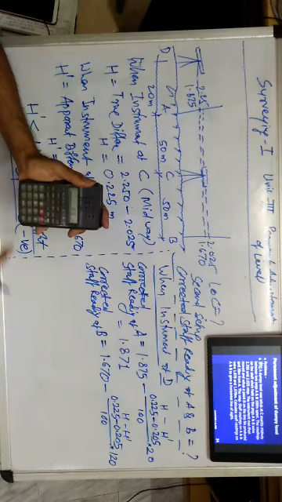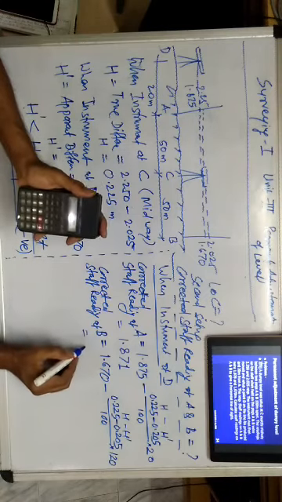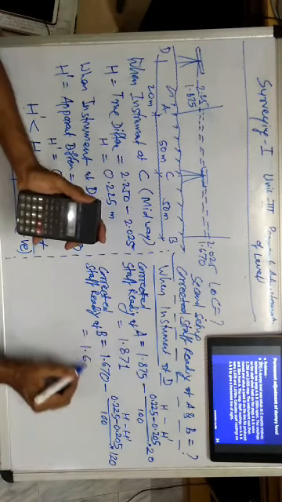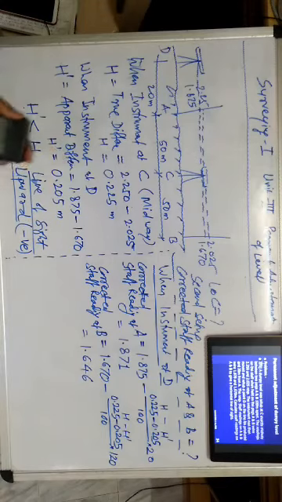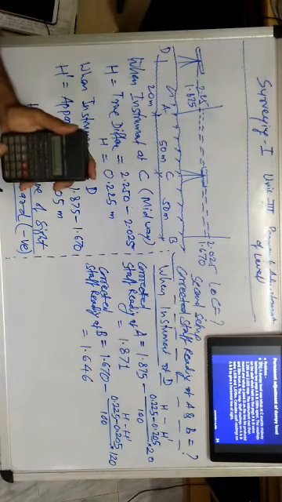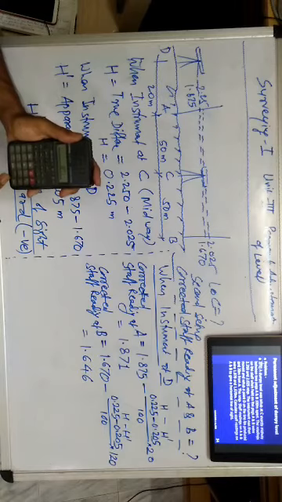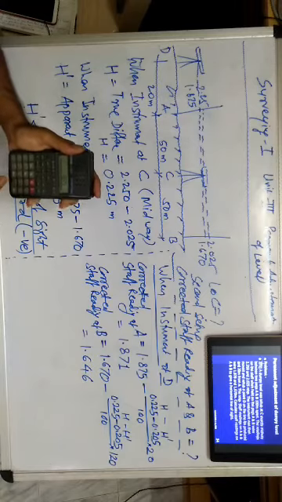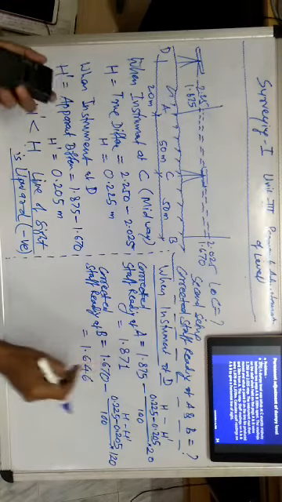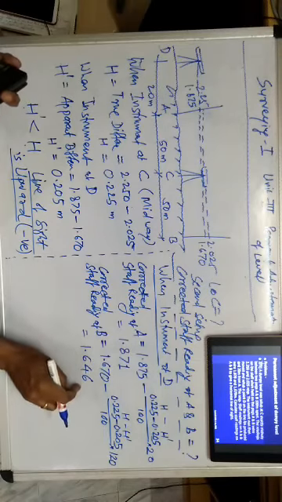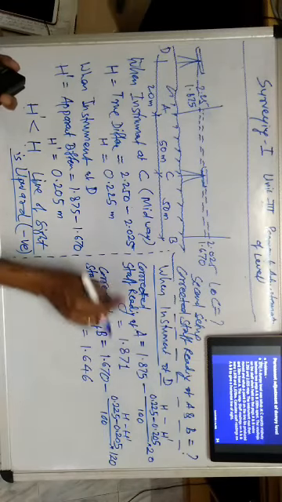So here we will get the reading 1.646. So in this case we can calculate the staff reading at B. Now we have to check whether these readings are correct or not. So these are the corrected staff readings.